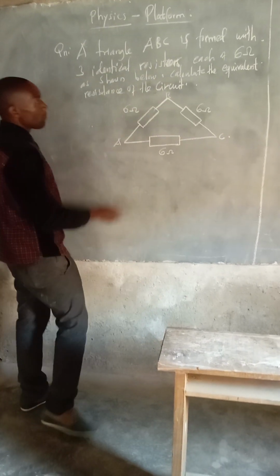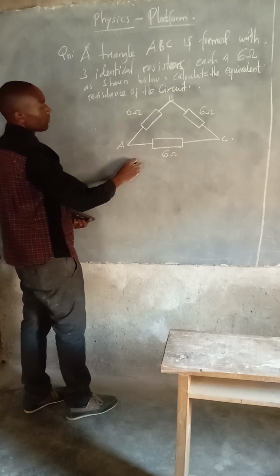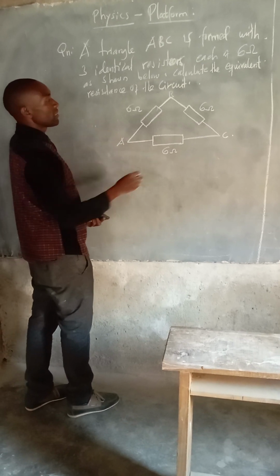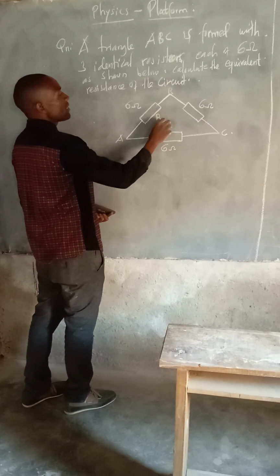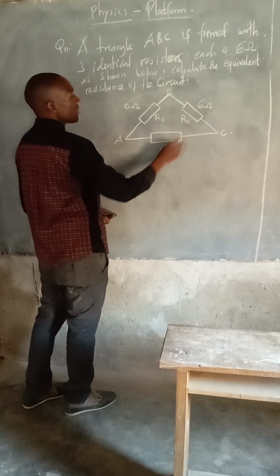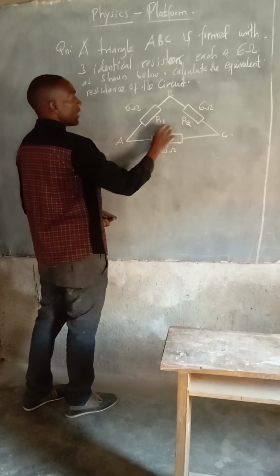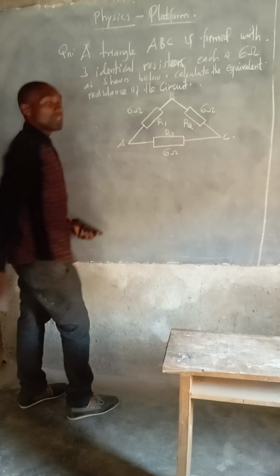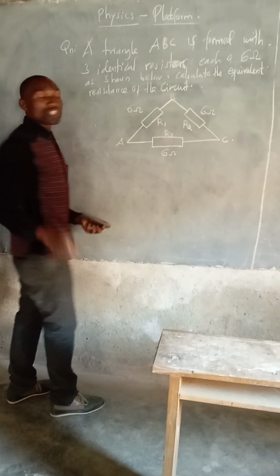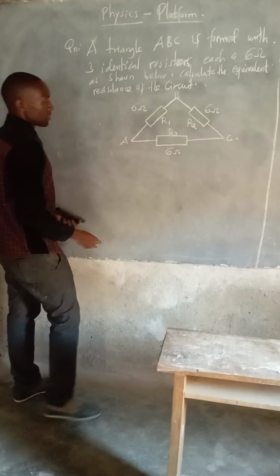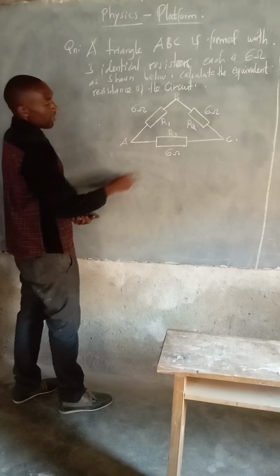This circuit is composed of 3 resistors: resistor 1 here, resistor 2 here, and the final resistor 3 here. There are 3 identical resistors.